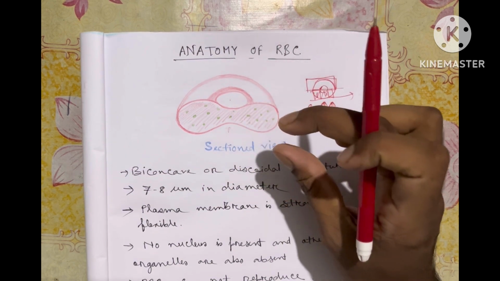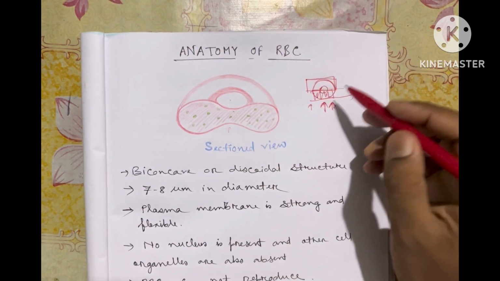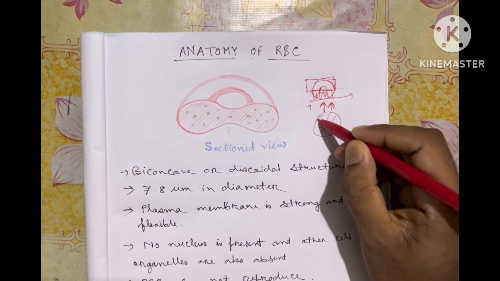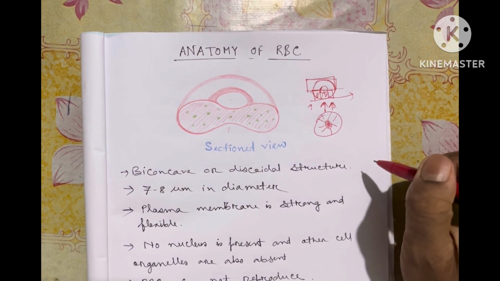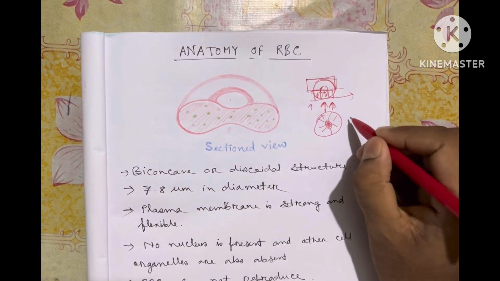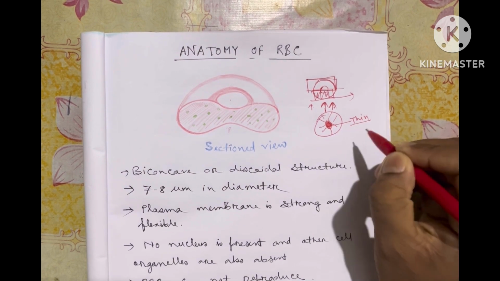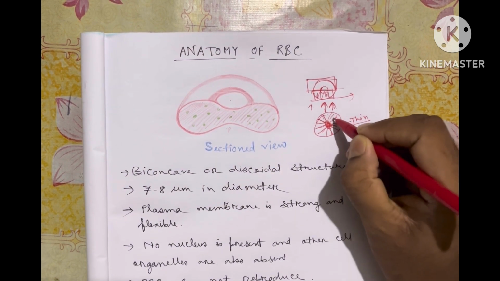The middle portion is thin and the side portion, just like a ring, is thick. So here is the thin portion, the middle one, which is very thin, and the surroundings are thick.